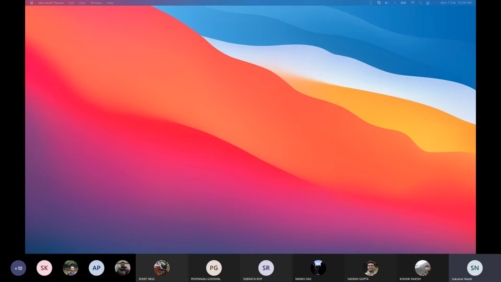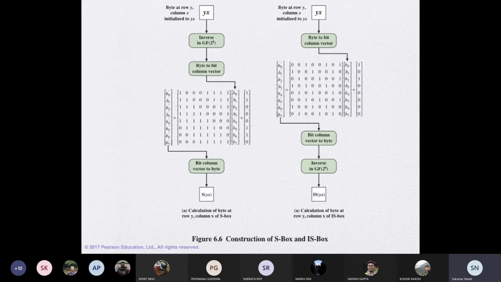So why I am putting more time on this place, because this is an important thing, the most important thing in AES. So we cannot forget this. Few things we have to remember here. I am repeating again. What is our intention?